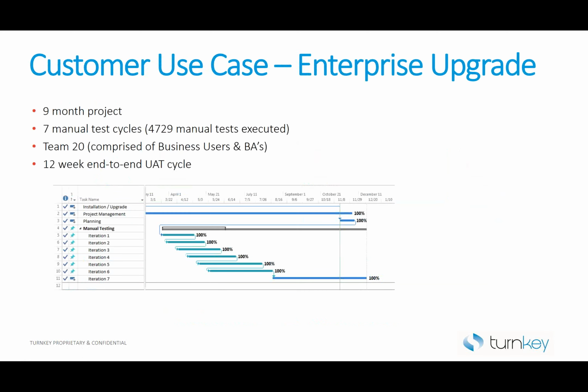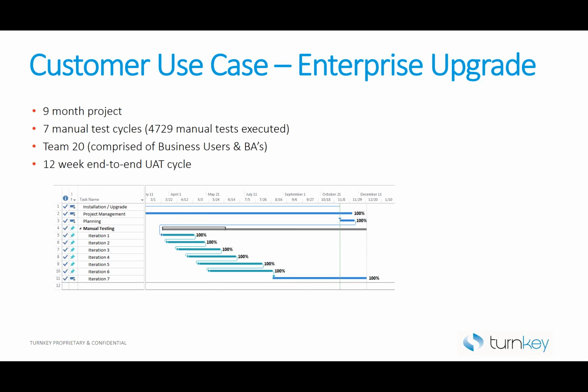So we have an example here of an ERP system upgrade that followed the traditional waterfall approach. It was a 9-month project. They had 7 manual testing cycles or iterations. In total, they executed over 4,500 manual test cases. Although the knowledge and skills were within the test team, they were heavily reliant on the business to provide testing resources.